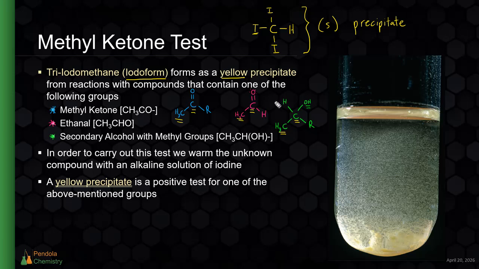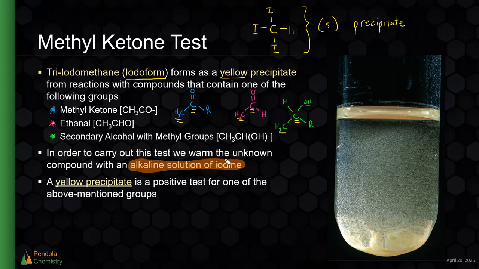But before we go into that, what exactly is the iodoform test? We do an iodoform test by essentially warming an unknown compound that we're trying to test with an alkaline solution of iodine. So the key here is that we're going to warm this with an alkaline solution of iodine, iodine being the elemental iodine, I2, and an alkaline solution simply meaning that it has some kind of base in it.